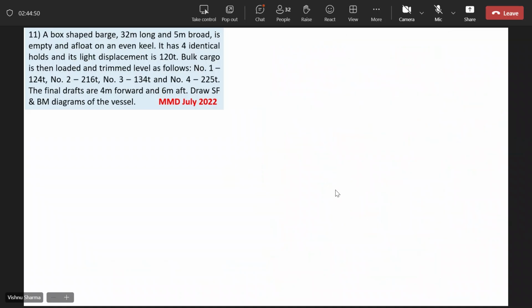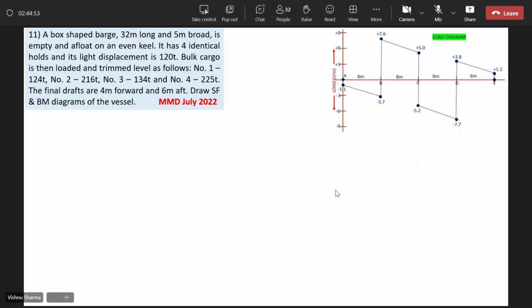What I'll do is like this now. See here. This is the SF load diagram. How many points do we need to calculate the SF, guys? Look at the load diagram. So 5. Okay. So I have calculated these areas separately by their actual values.